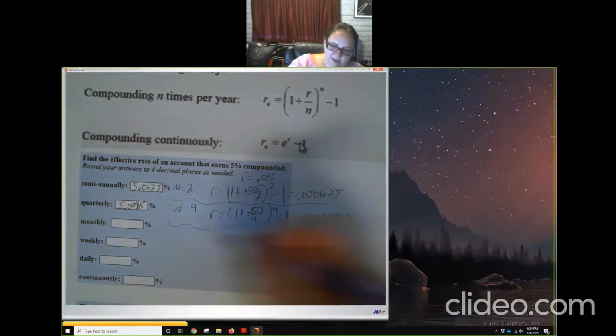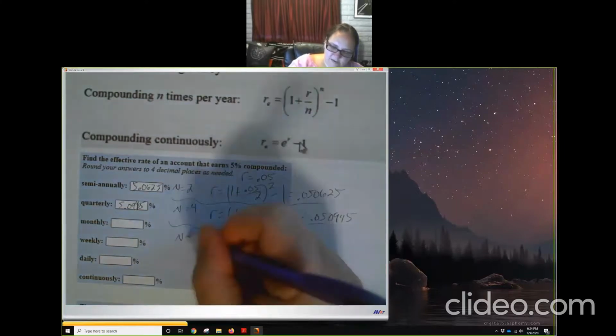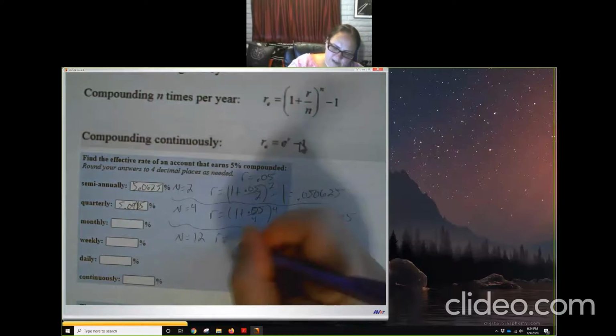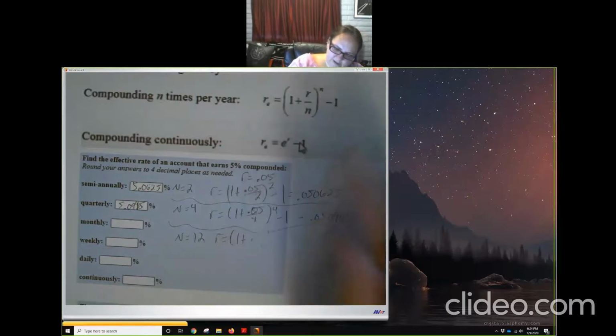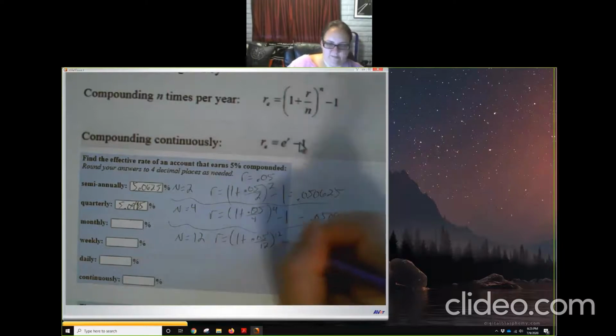So then monthly n equals 12. 1 plus 0.05 over 12, to the 12, minus 1.